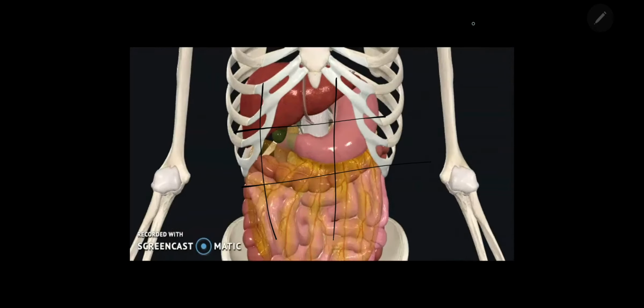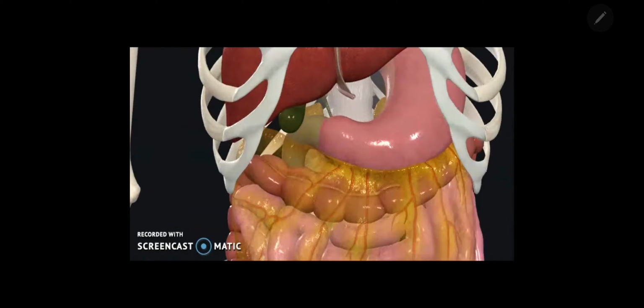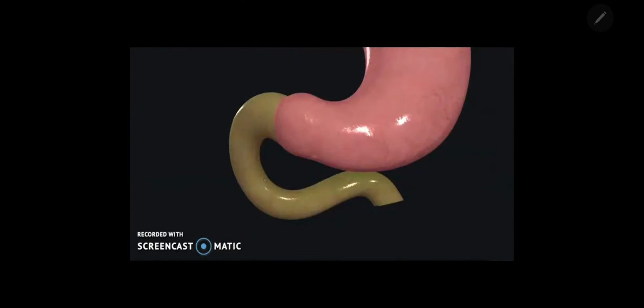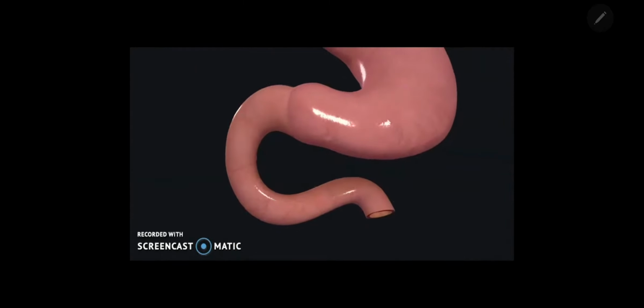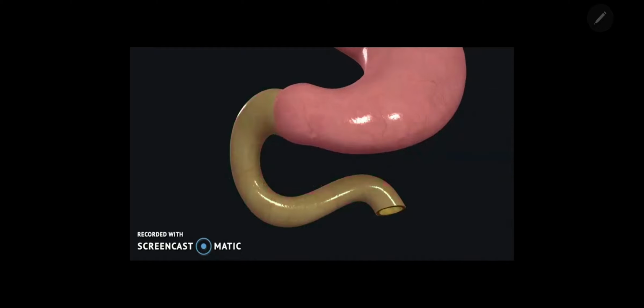The duodenum lies partly in the epigastric region, and most of it lies in the umbilical region. When you open the anterior abdominal wall, it is covered by the greater omentum and the transverse colon with its mesocolon, and this is the C-shaped, widest and most fixed part of the small intestine.